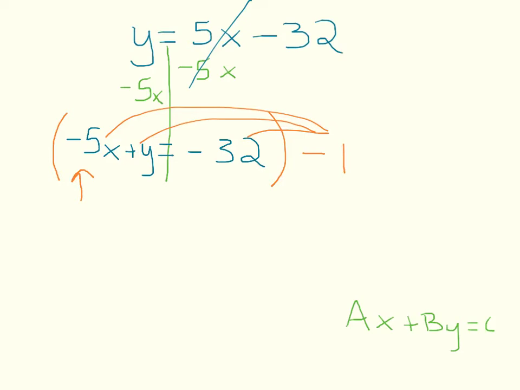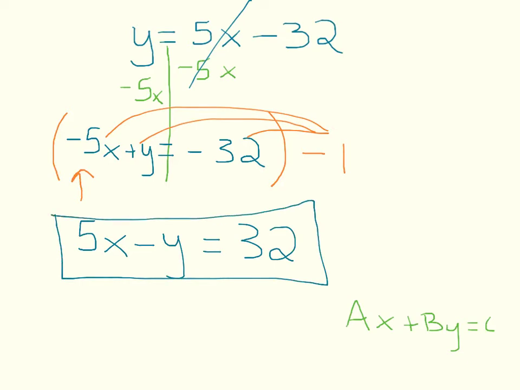Because if you multiply everything in the equation by the same number, we're not actually changing the line. We're just changing how the equation looks. So this becomes a positive 5x and then a minus y equals a positive 32. And we have now changed that equation into proper standard form.